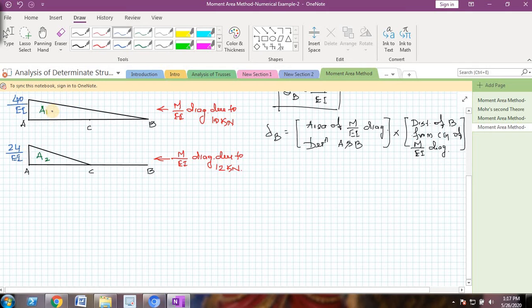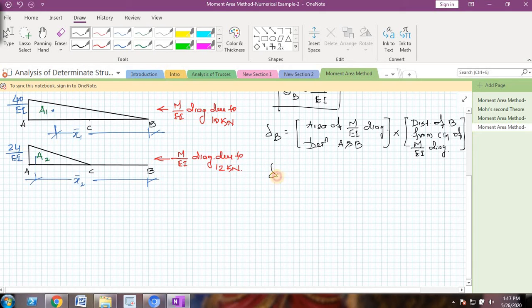Let me mark the CG of area 1 here and the CG of area 2 here. Let me call this distance x1 bar, and this distance x2 bar.